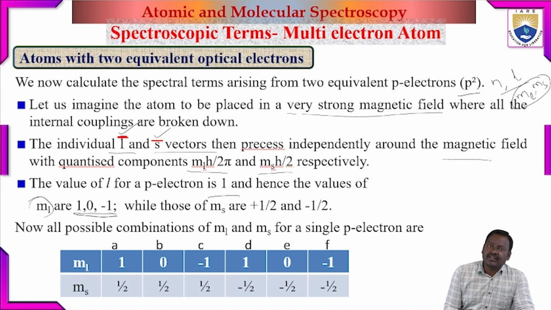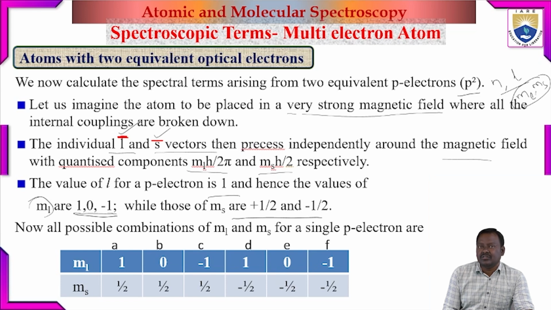And again, those 2 electrons can have ms values plus 1 by 2 or minus 1 by 2. Any of these 2 values can exist for the 2 electrons. And again, we should remember that the 2 electrons cannot have the same ml and ms values at a particular instant.